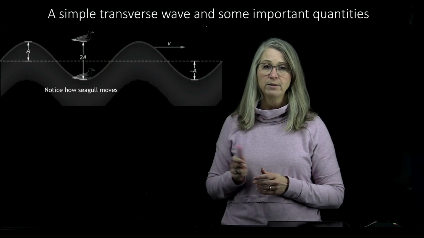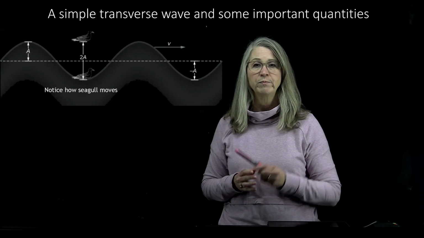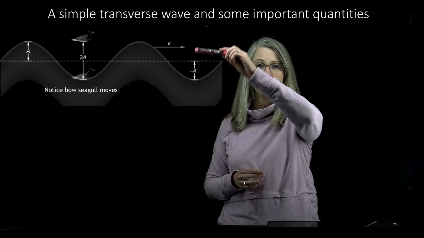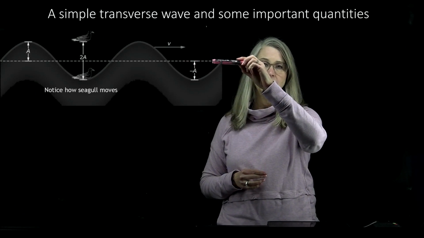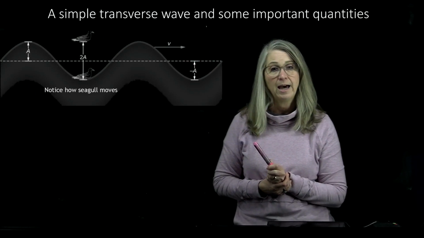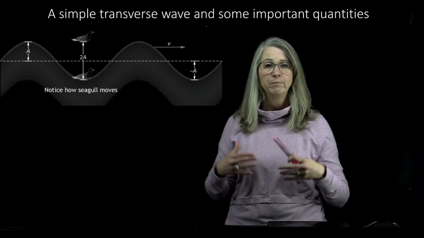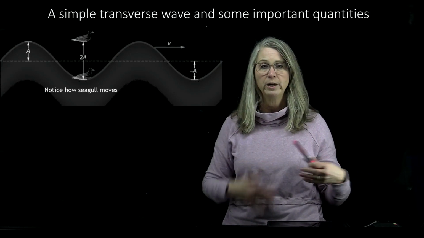And the disturbance in the wave is in the up and down direction, because it's a transverse wave. The dotted line represents the level the water would have if no wave were traveling through it.